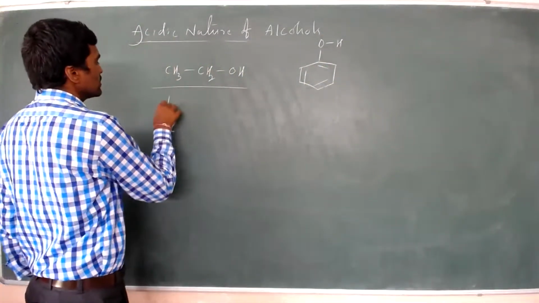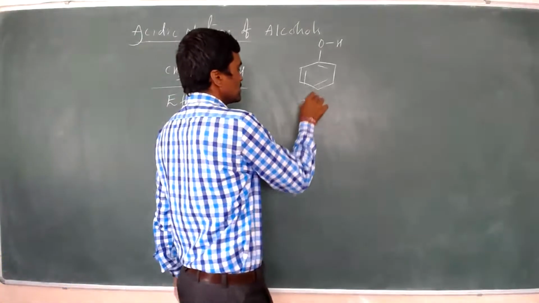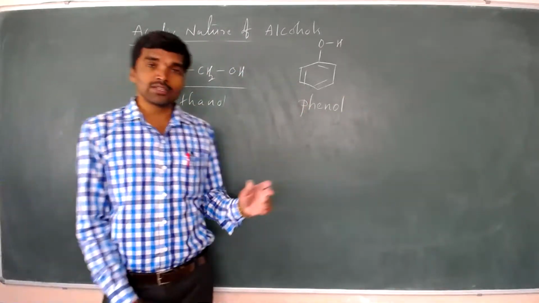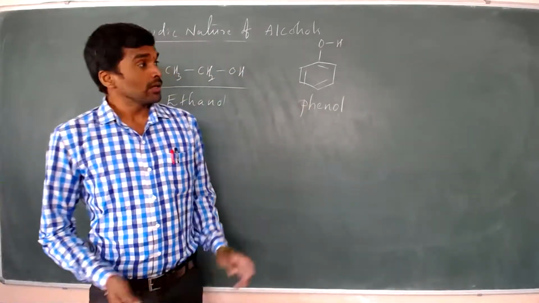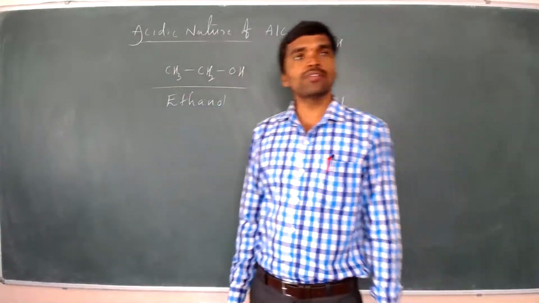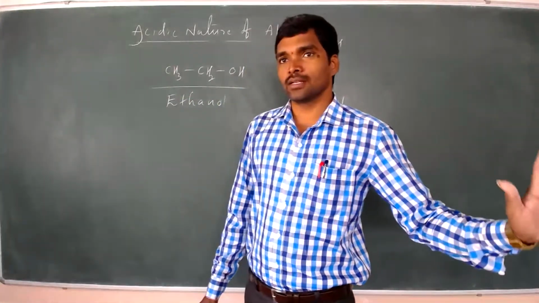What is this? This is ethanol. What is this? This is phenol. If you compare the acidic nature between ethanol and phenol, they will ask a question like this: between alcohol, ethanol and phenol, which of the following is more acidic? Give a reason. They will ask like this.